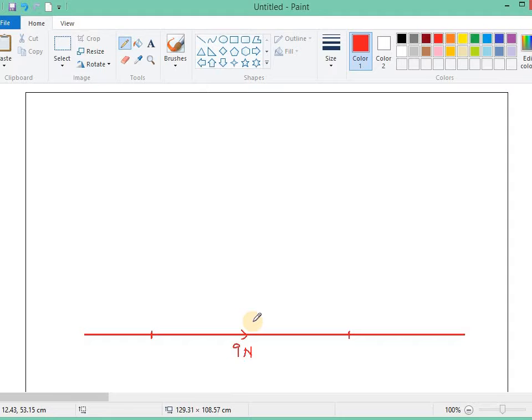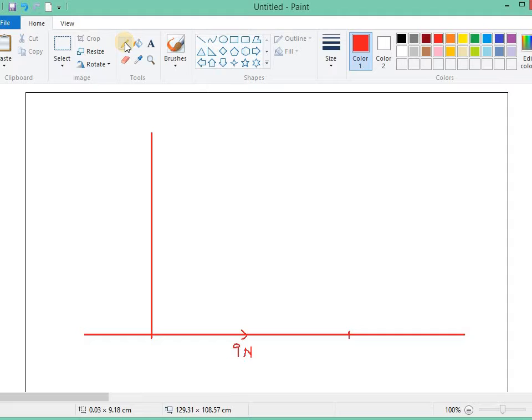Okay, so we get a protractor. Measure 90 degree using your protractor from this point. You should have 90 degree.